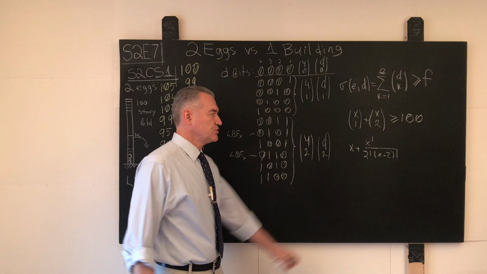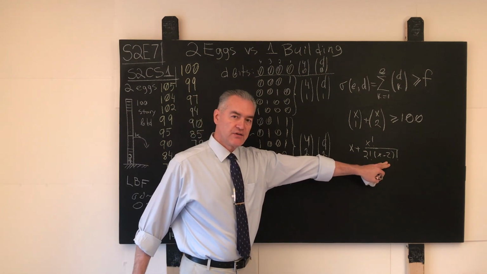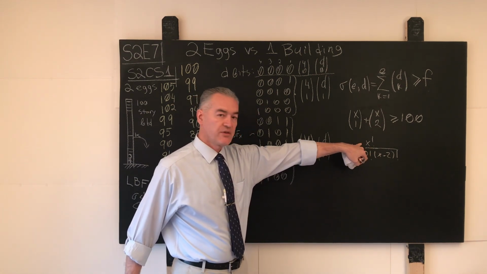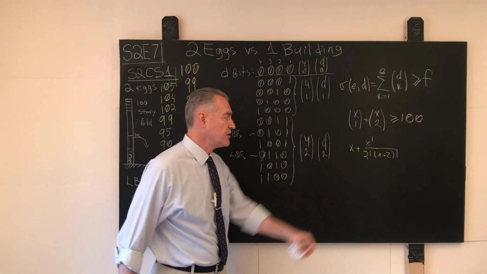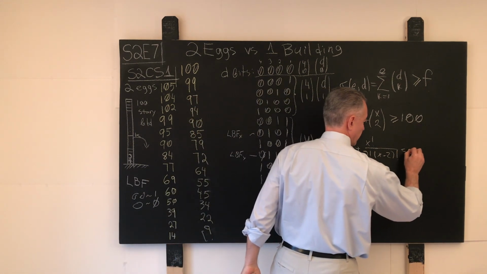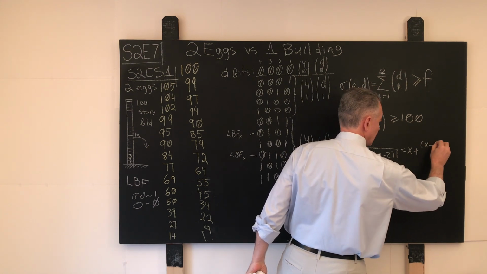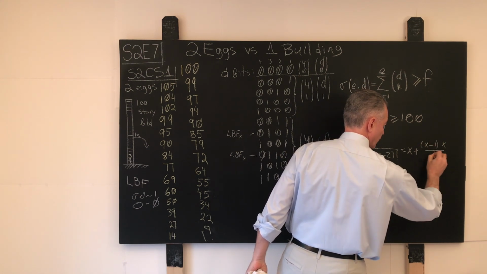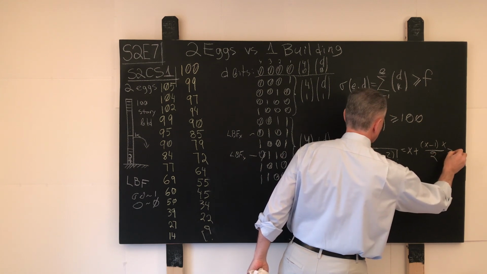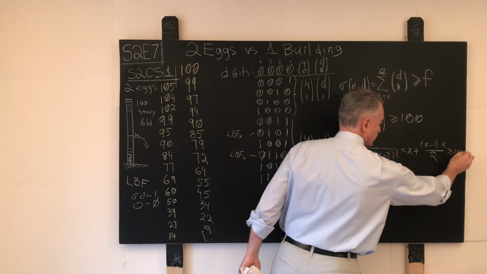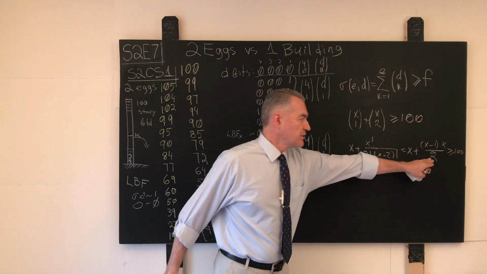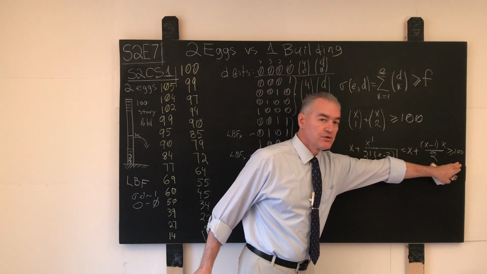So far so good. The X minus 2 factorial in the denominator cancels out with the same factorial in the numerator. And what do we have left? We have X plus (X minus 1) times X over 2, which still must be greater than 100. Here, let's multiply this inequality through by 2.